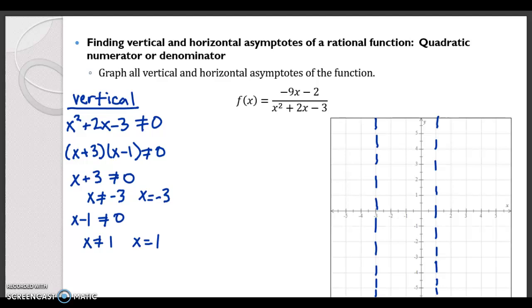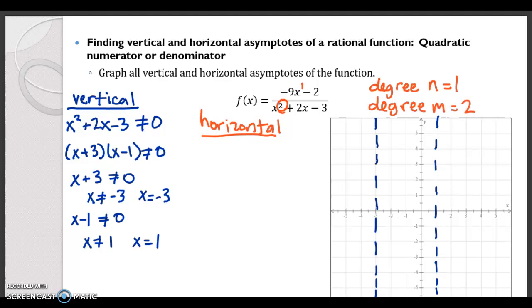Now for my horizontal, I need to look at the degree of the top and the degree of the bottom. The degree of the top polynomial is 1, so the degree n equals 1. The degree of the bottom, the denominator, is 2, so the degree m equals 2.